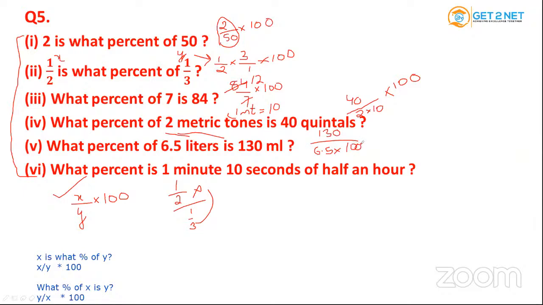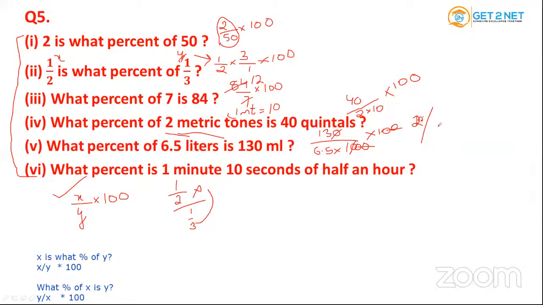Into 100, right? Or did I do any mistake? Okay, I deducted. So what I have left with is 13 divided by 6.5. That will become 130 divided by 65. Then you accordingly solve. Your percentage will be 2%. Clear?